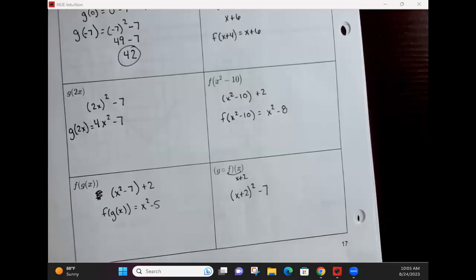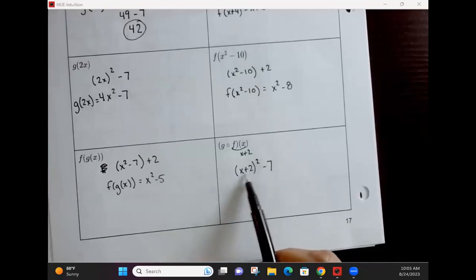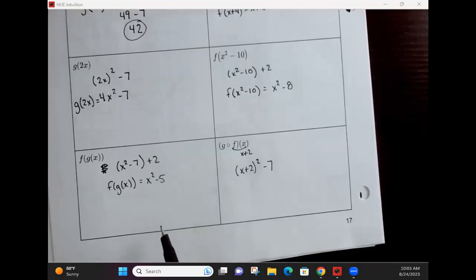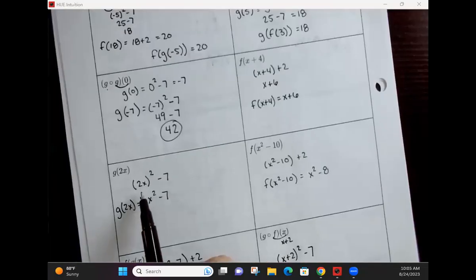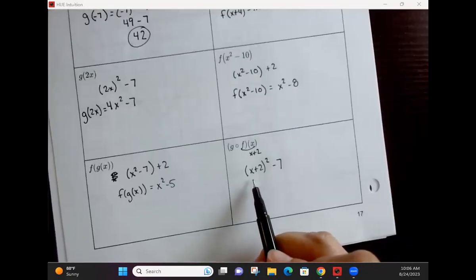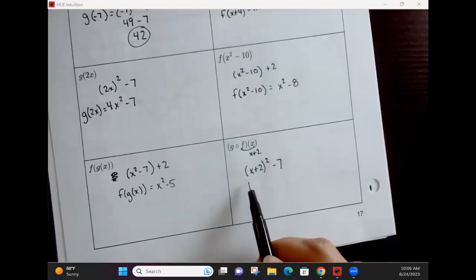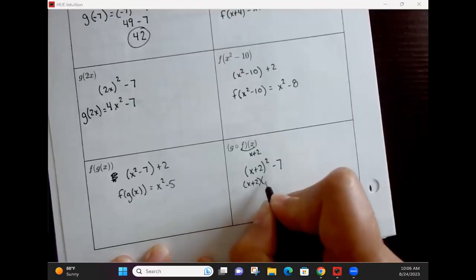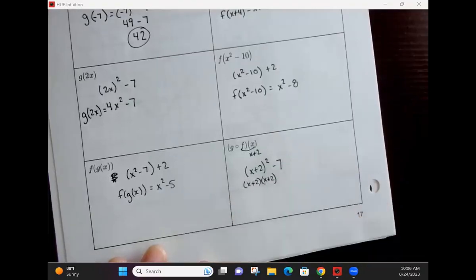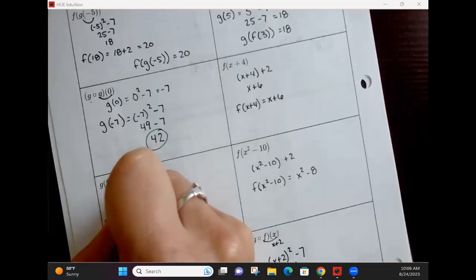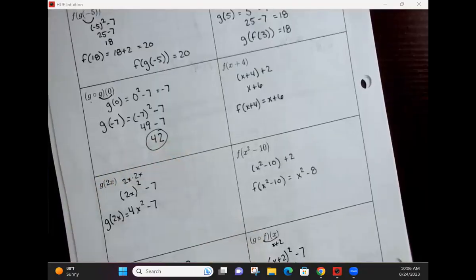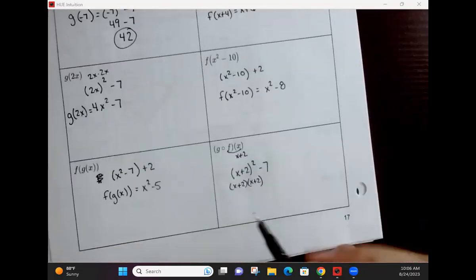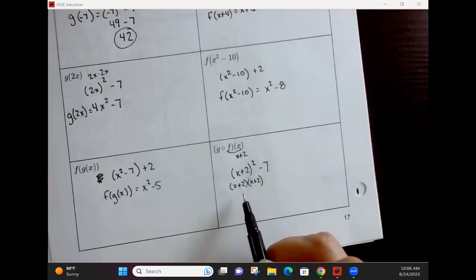Another mistake I see pretty frequently: squaring x plus 2 is not the same as when I squared 2x. That was multiplication. This is addition. When I'm squaring this binomial, that means I am doing x plus 2 times x plus 2. I was also doing that up here, 2x times 2x, but since there's no addition or subtraction, there's no distribution to worry about there. There is distribution here, so make sure you're careful with that.